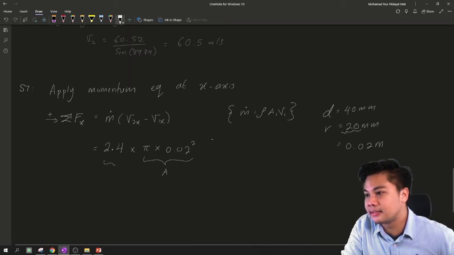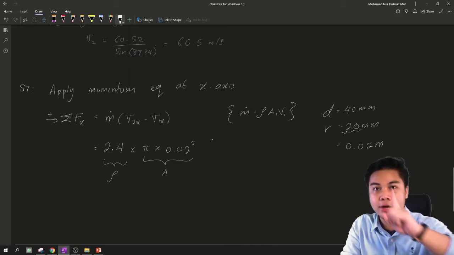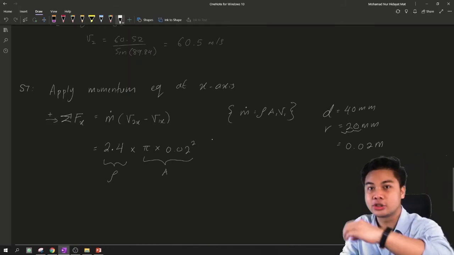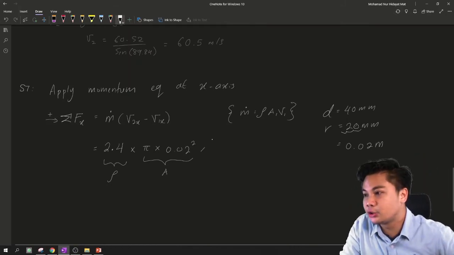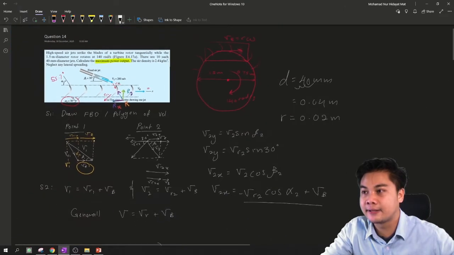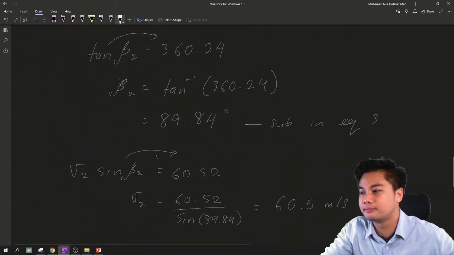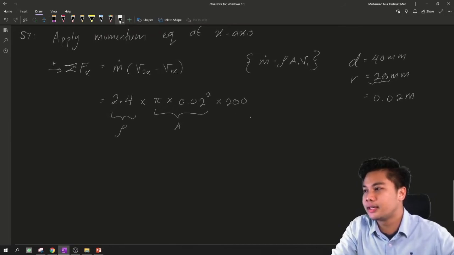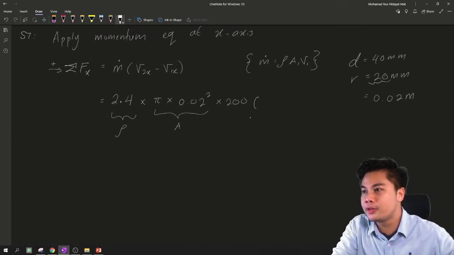And this is the density of air multiplied with velocity of 1. The velocity is just going to the outlet of the jet. So it is given here, V1 is 200 meter per second. And then here we need to continue multiplying with V2.